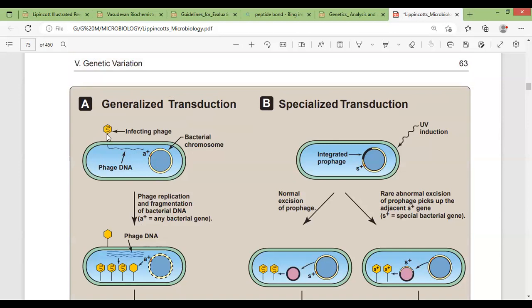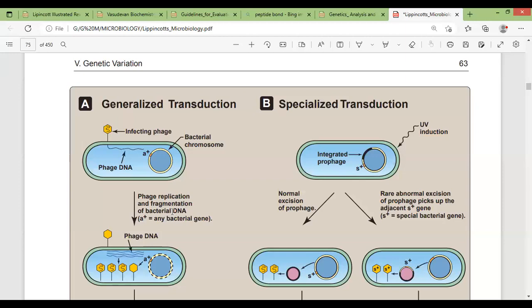Remember the process of a virus infecting you. We haven't done this, but number one, it attaches, it penetrates, it enters and releases its nucleic material. So this infecting phage has bound, has penetrated, and now it has released its DNA material into the bacterial cell.